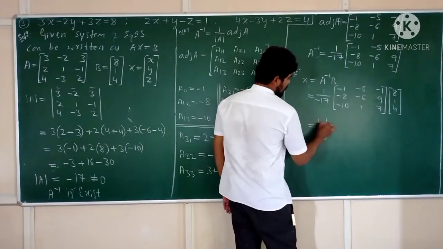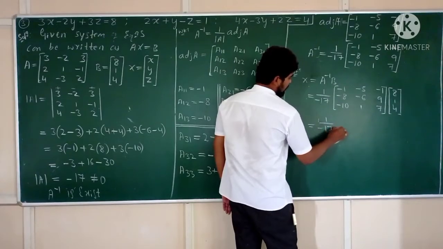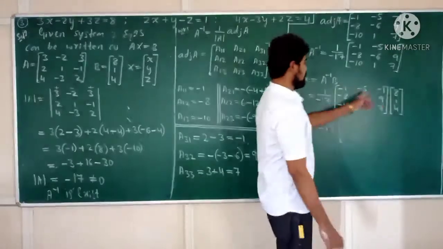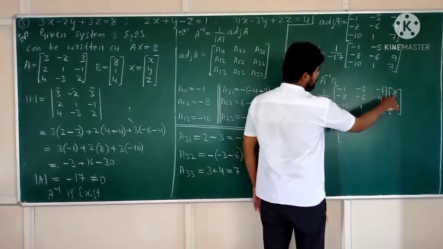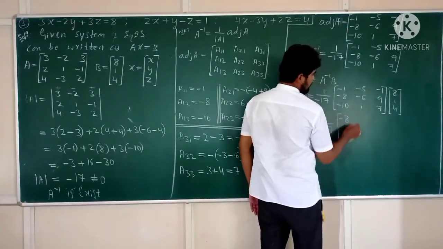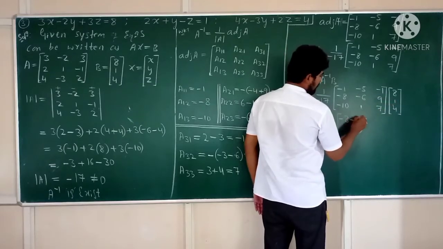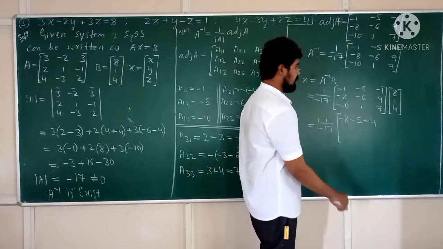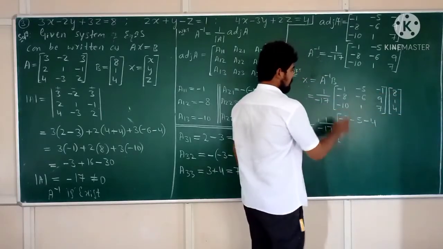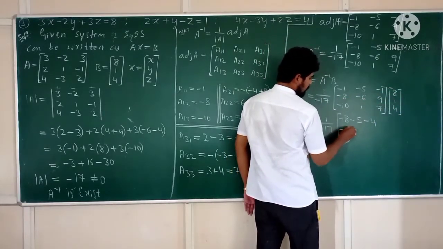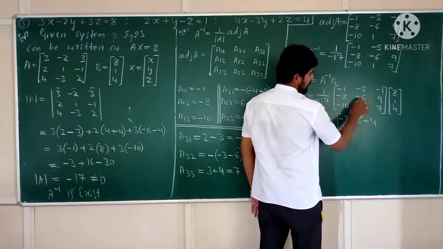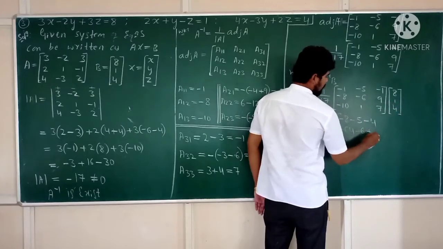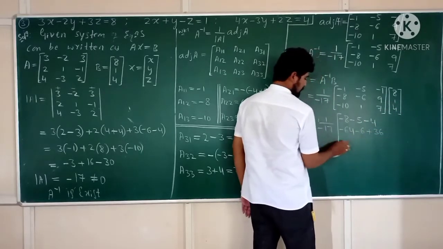Which is equal to 1 divided by minus 17 into the product of these two matrices. First row, first column: minus 1 into 8, minus 8, minus 5 into 1, minus 5, minus 1 into 4, minus 4. Second row: minus 8 into 8, minus 64, minus 6 into 1, minus 6, 9 into 4, 36.